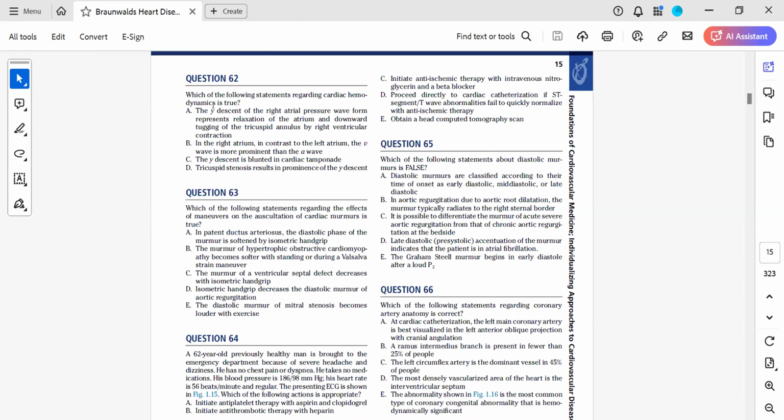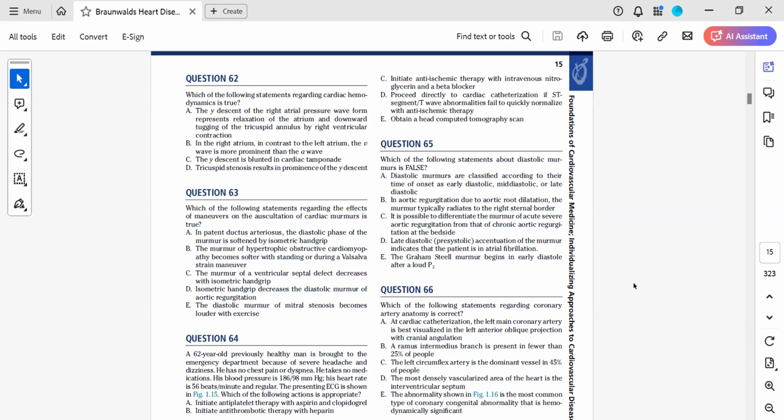Okay. Which of the following statements regarding cardiac hemodynamics is true? A. The Y descent of the right atrial pressure waveform represents relaxation of the atrium and downward tugging of the tricuspid annulus by right ventricular contraction.